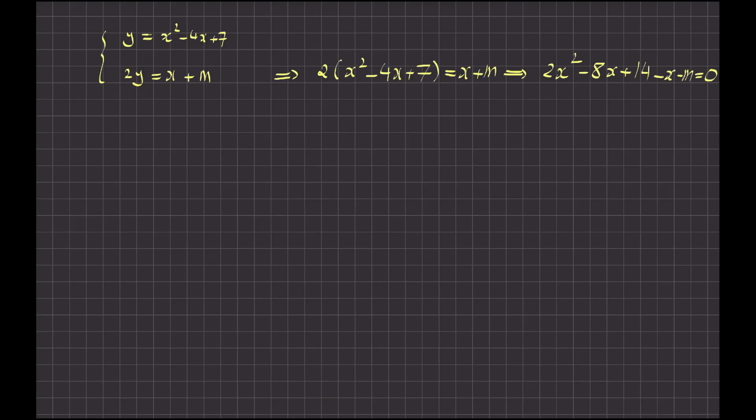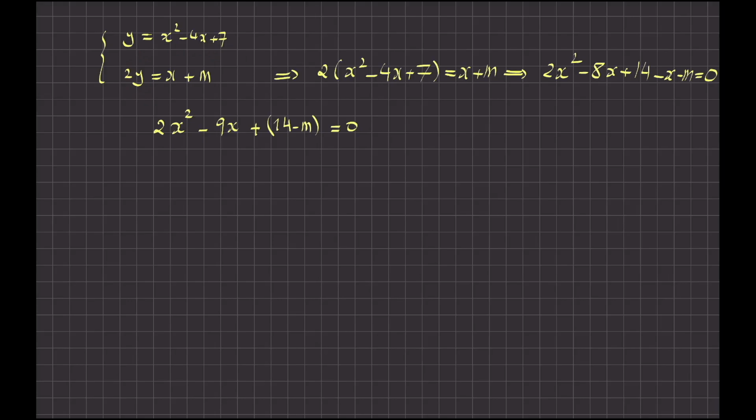Then I organize it. So I would write 2x squared. Then I have minus 8x minus x, which is minus 9x. And the other one is 14 minus m. If you don't mind, let me put a pair of brackets around that, equals 0. So be careful. If you solve this, this is supposedly the equation in which by solving it you can find the x coordinates of the intersection points.